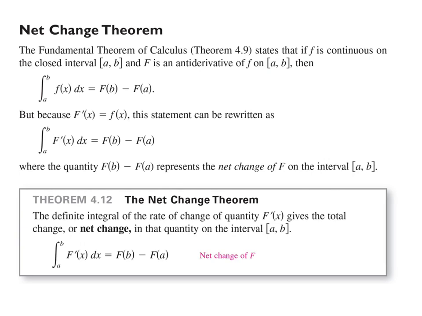It's just a rewriting of this theorem. So it's like saying if this is our original function, F prime of x is just the same function right here because that's got to be the derivative. All that being said, the net change theorem is this guy here. We're just replacing the lowercase f with an uppercase F that matches this function and calling it F prime of x.